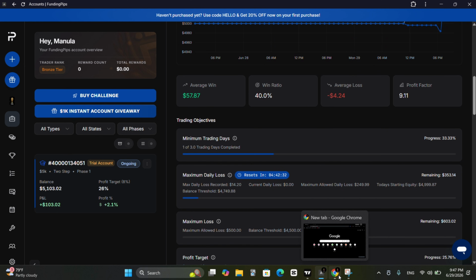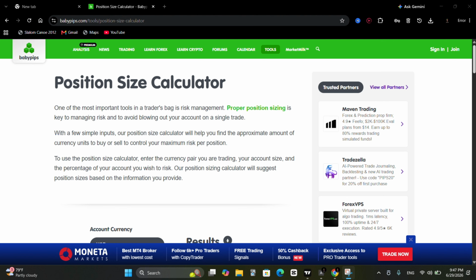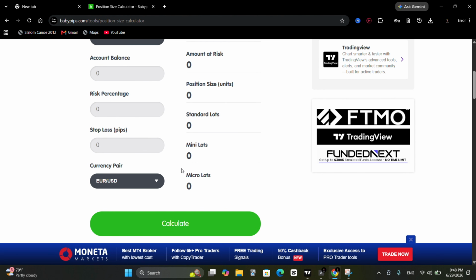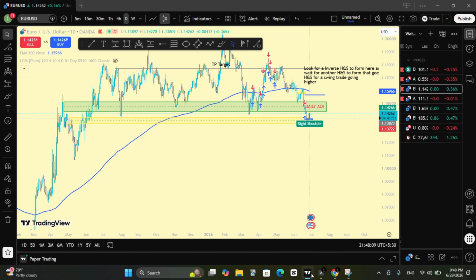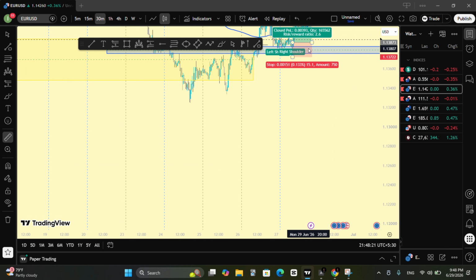So also a quick tip is make sure you use a position size calculator. There is a position size calculator from Babypips. Let me show it to you. So as you can see, there is a position size calculator from Babypips. So here you choose your pair and your stop loss pips. You can measure your stop loss pips by using this measure tool, and let's go look at the minute time frame. As you can see, you put the tool from here to here.